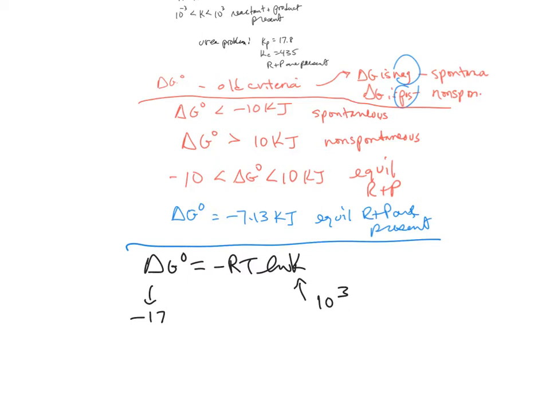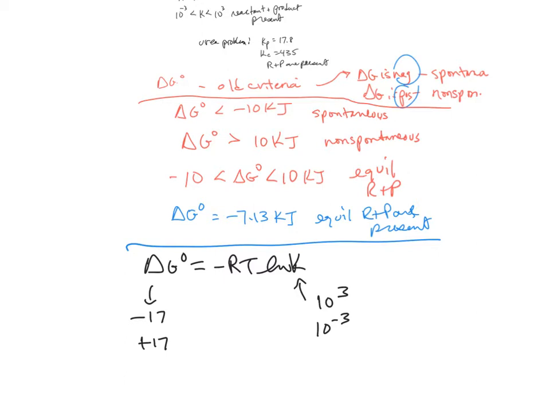If you put in 10 to the minus 3, delta G is going to be plus 17. It's not 10. This is some arbitrary criteria here, 10 and negative 10. If you actually put the values in, these are the criteria for spontaneity of the forward reaction and reverse reaction. You don't get 10, you get 17.